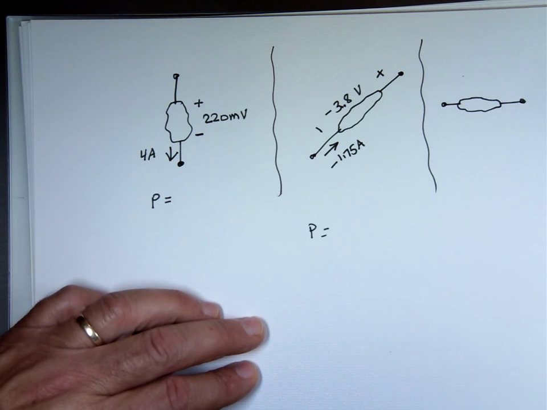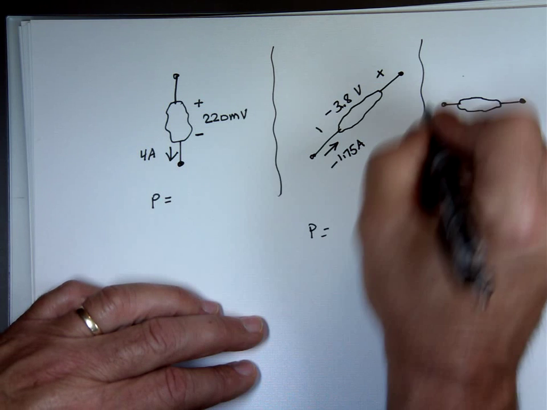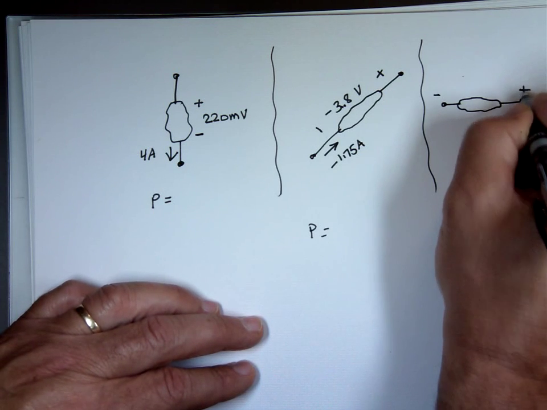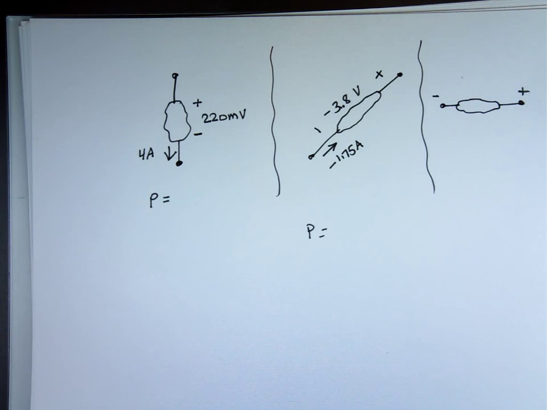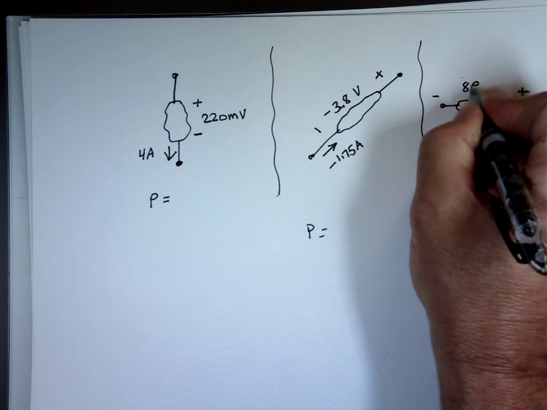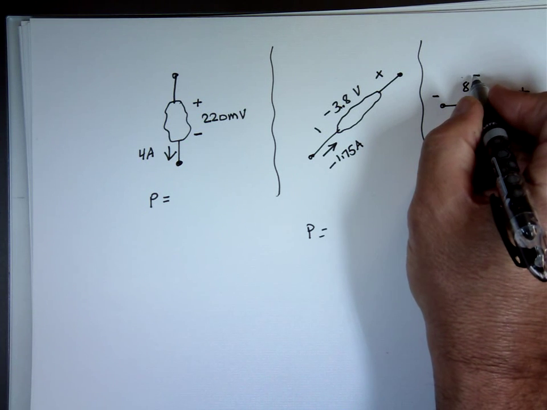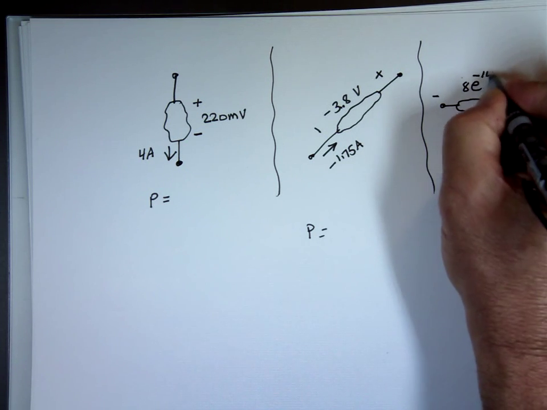I go negative, positive voltage here. Eight e to the negative 100t, that's the voltage. It's not just a DC value.